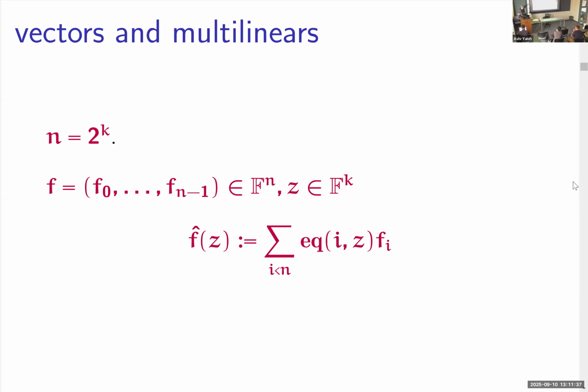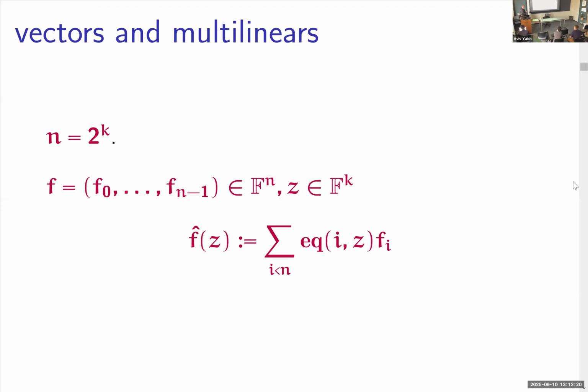Just to fix some notation, we'll always think of two parameters n and k. n is the size of the polynomial, and k is its log, the number of variables. Given a vector of size n, we're going to identify it with the multilinear that obtains the vector's values on the Boolean cube. We'll use the notation f hat of z for the value of this multilinear at z.